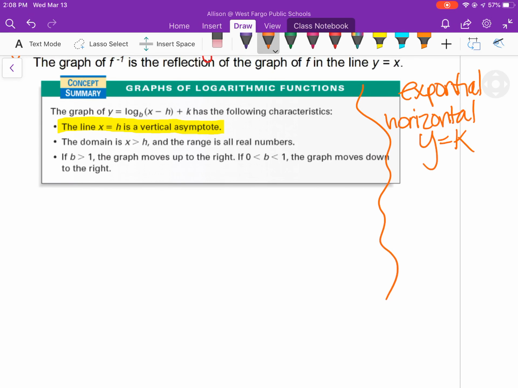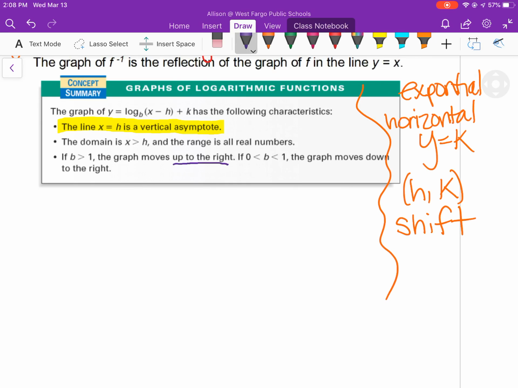h and k is still the shift, and b moves the graph: if it's greater than 1, it moves up to the right.